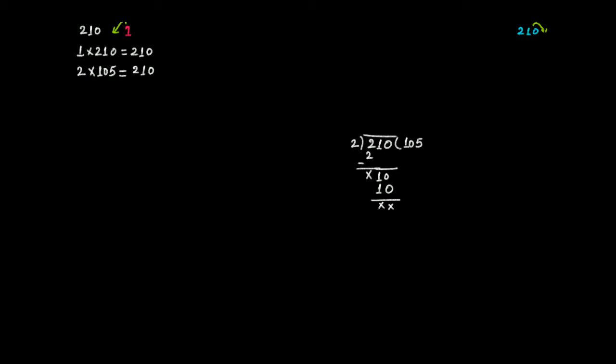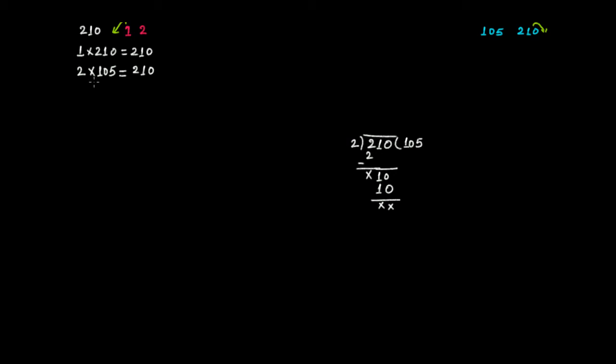So write 2 here and write 105 here. Since 105 was the greater one and 2 was the smaller one, we put them in the list this way. At this end, we'll go on in ascending order, and at this end, we'll go on in descending order.